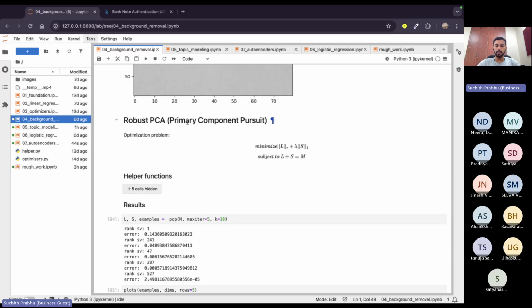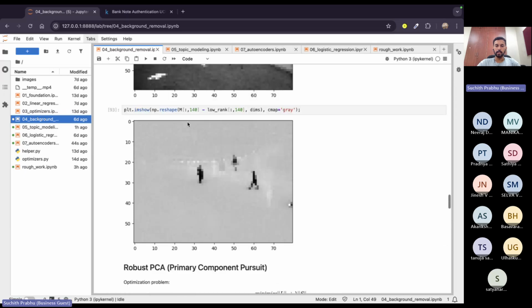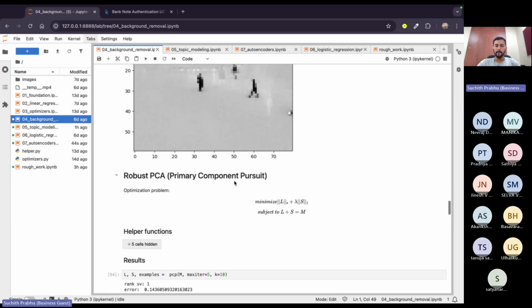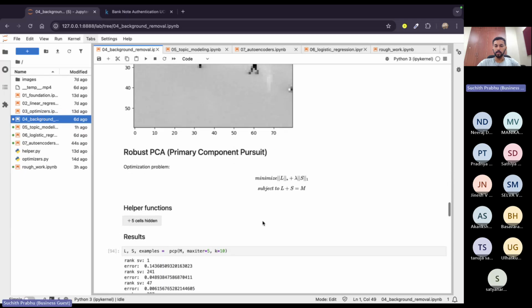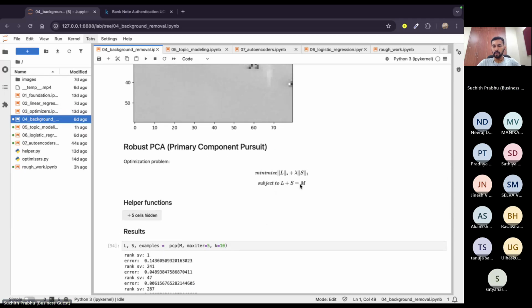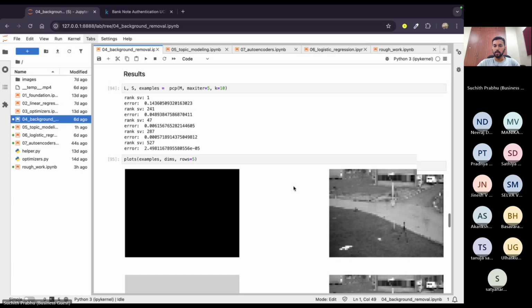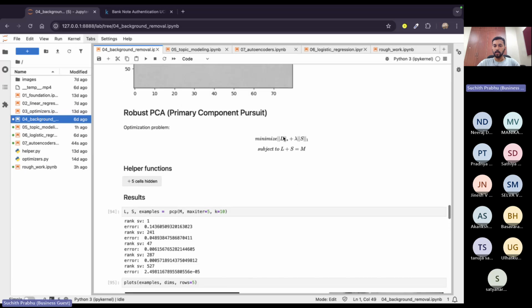So there, instead of getting the low rank approximation, we are trying to decompose this matrix M into two parts, L and S. This is the optimization that we are doing here, where L is the low rank part and S is the sparse part. This is the objective function.